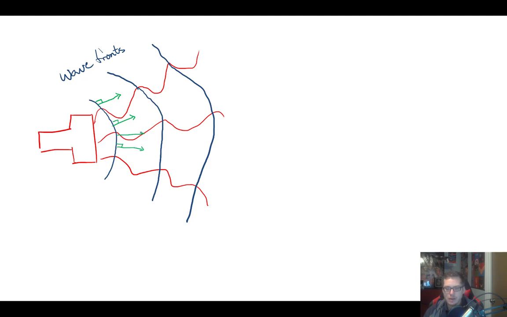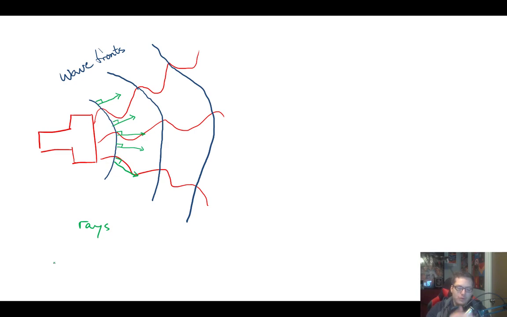So you could see how we could draw these lines here, and as long as they're always perpendicular, they're going to go in the same direction, and they're going to tell us what's going on with our wave. You see that? And so these green ones are called rays. Okay, so those are our rays. All right, and so you could see these rays come off of the wave fronts and go in all directions, right? But they're always perpendicular to that wave front as they come out.